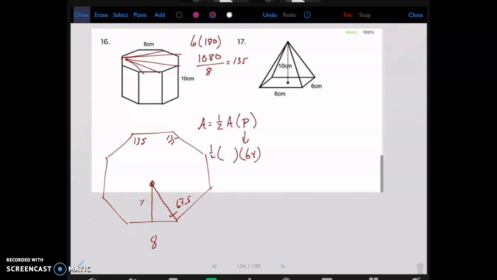So we want to find the apothem. The apothem is opposite. The 4, or the half the side, is going to be adjacent, so we're going tangent of 67.5 equals opposite, I'm going to call it x, over 4. So to find x, I type in 4 times tangent of 67.5.